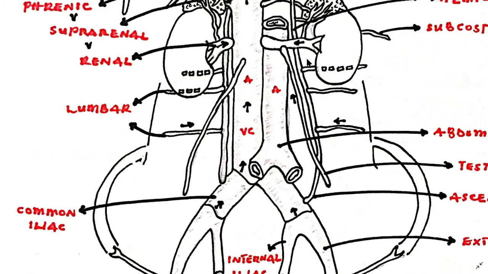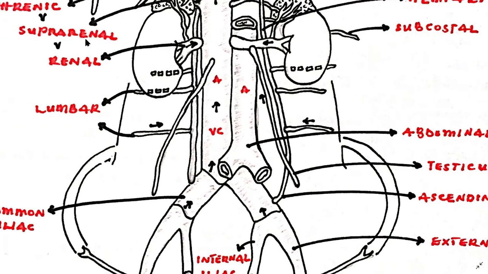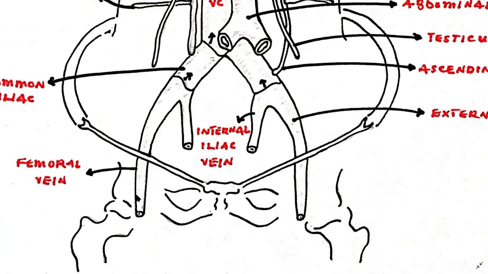On the left side, they drain into the renal vein, which in turn drains into the inferior vena cava. By contrast, all the lumbar veins and the hepatic veins usually drain directly into the inferior vena cava. The femoral veins empty into the external iliac veins, which join the internal iliac veins to form the common iliac veins.